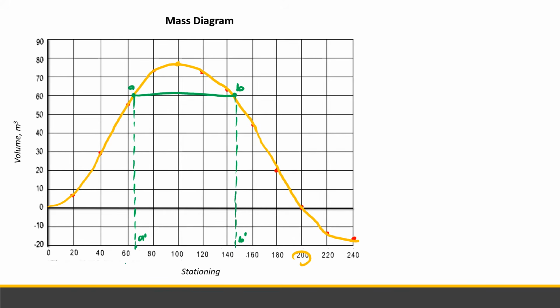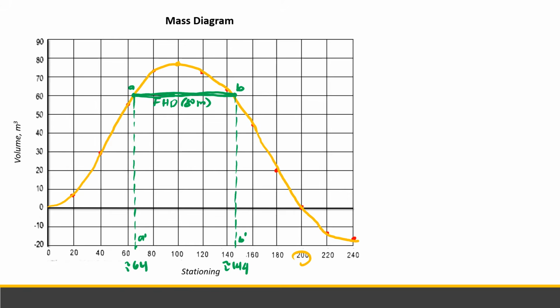So A prime is approximately 64, and B prime is approximately 144. So free haul distance na 80 meters. So approximately 80 meters yung distance na to. If you have a ruler, mas madali yung pag-graph natin.